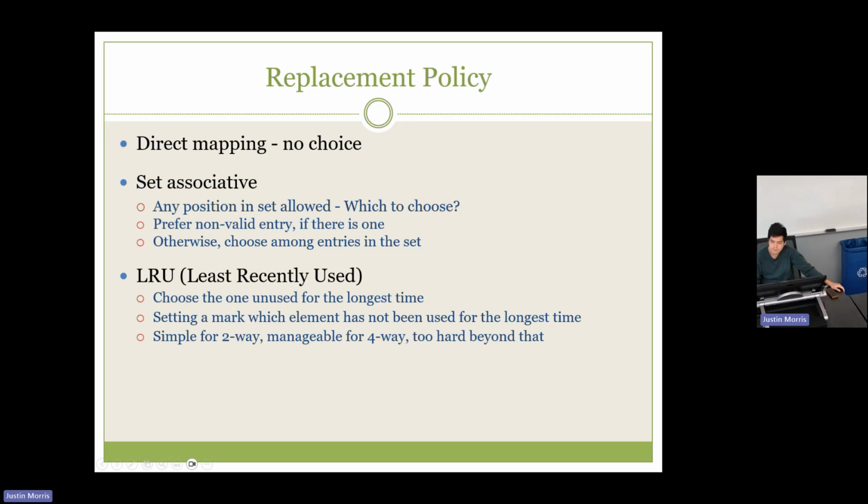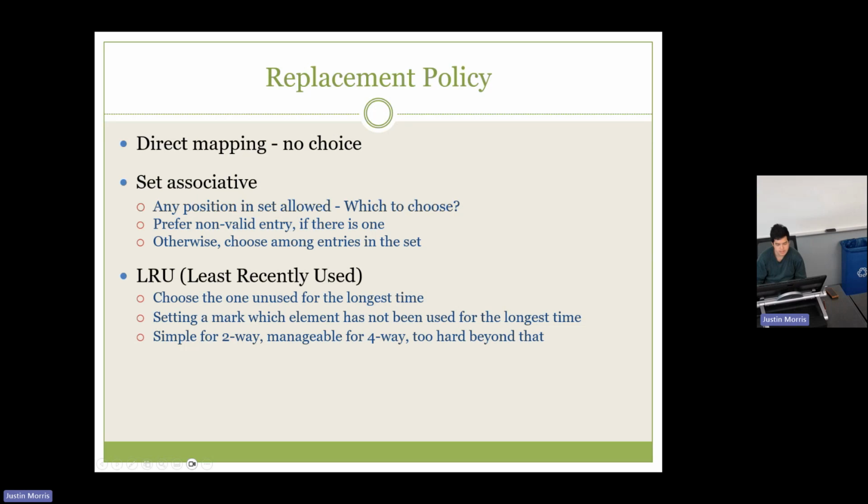So one common policy is least recently used. And we choose least recently used because of what? Temporal locality, because if it was more recently used, we're more likely to access it again. So we're choosing the one that has been unused for the longest time within that set, right?